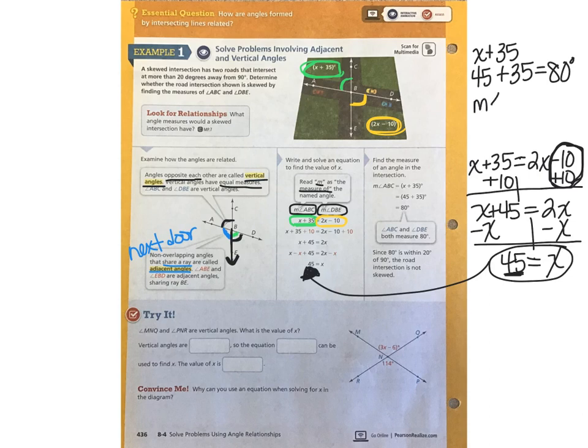So the measure of angle ABC equals 80 degrees. Since angle ABC and angle DBE are equivalent angles, that means the measure of angle DBE is also 80 degrees.